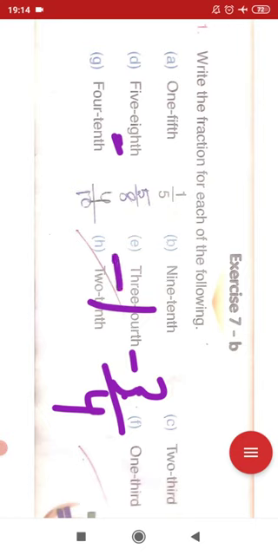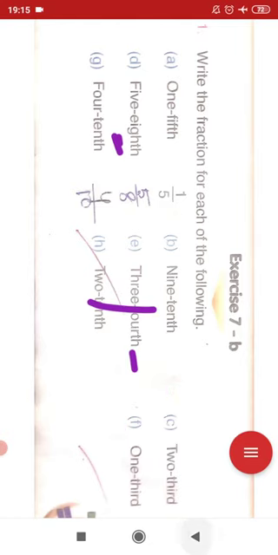The first word represents the numerator, and the second word after the hyphen, to the right of the hyphen, will be the denominator. So this is the rule by which we can get the fractional number from the names.